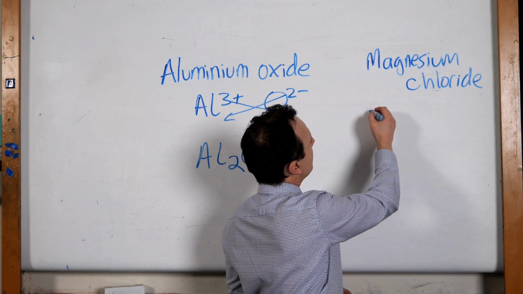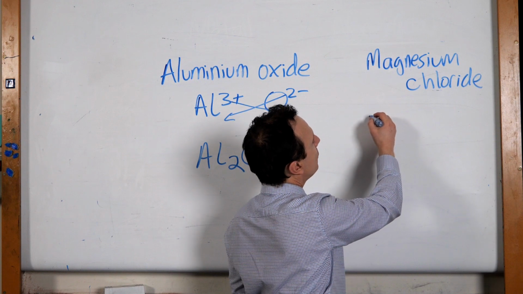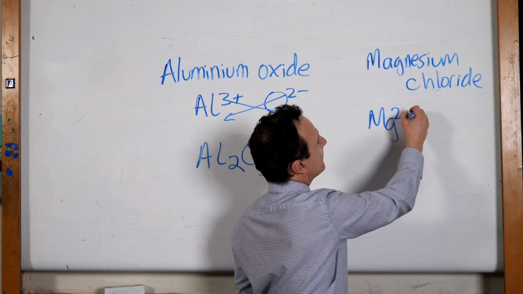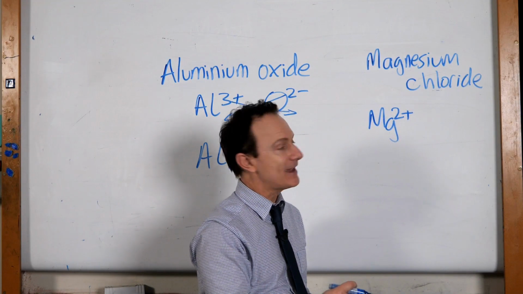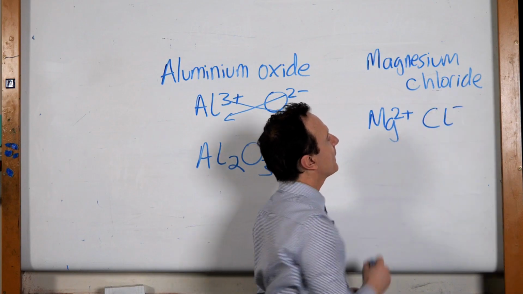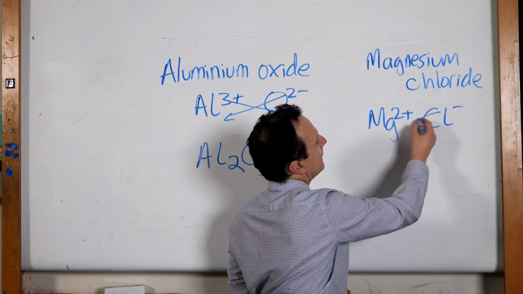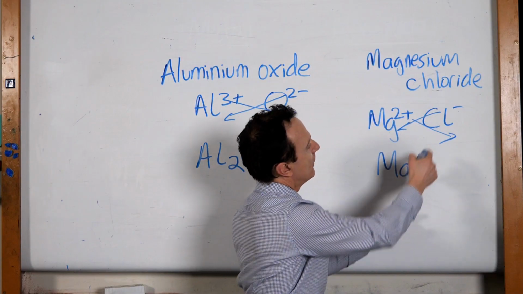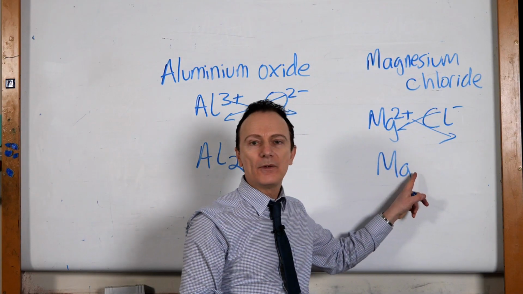Let's do another one, magnesium chloride. So the formula for magnesium chloride, we first of all work out the charge on the ions. Magnesium would be a 2 plus because it's in group 2 of the periodic table. Chloride would be Cl1 minus because it's in group 7. These numbers cross over again, so we get Mg1, so we'd put a 1 there, but we don't show 1s.